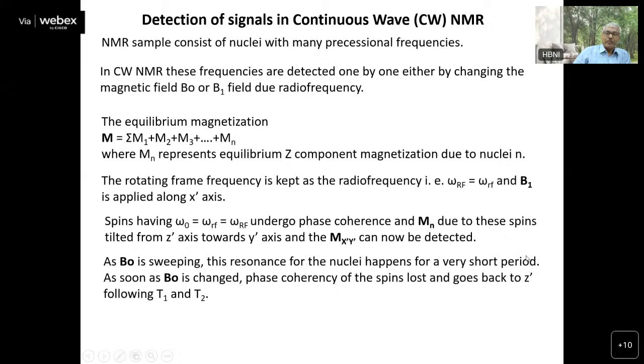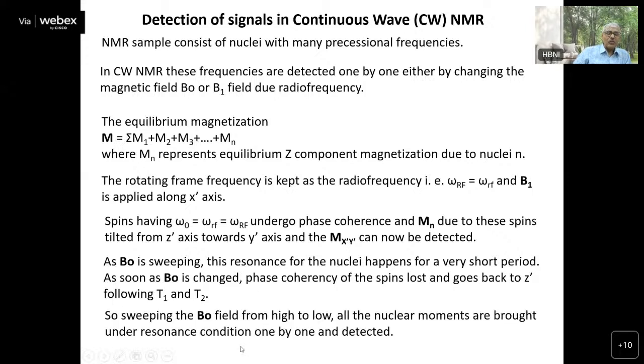As soon as you change the field, the resonance condition is no longer there. Then the spins due to Mn will go back again to the Z prime axis following T1 and T2.